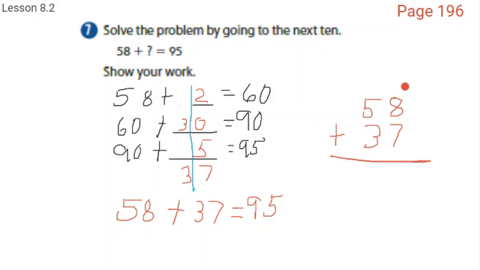I'm adding it again. These are all ones. So how many ones do I have? I have 8, 9, 10, 11, 12, 13, 14, 15 ones. So I'm just going to write that down as 15 ones, which means that I have 1 ten and 5 ones. Okay.